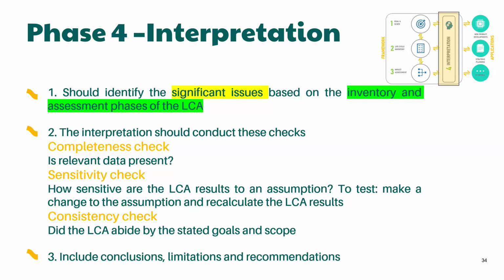To create your final report, it is important to conduct three checks, which are completeness check, sensitivity check, and consistency check. These checks will help you to accurately map out your hotspots, and you can precisely implement strategies that we discussed before, which is basically problem shifting.